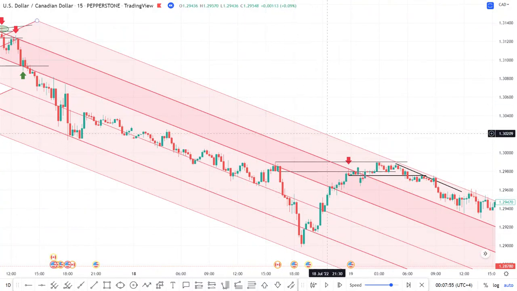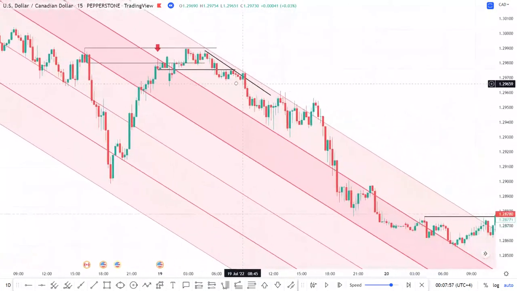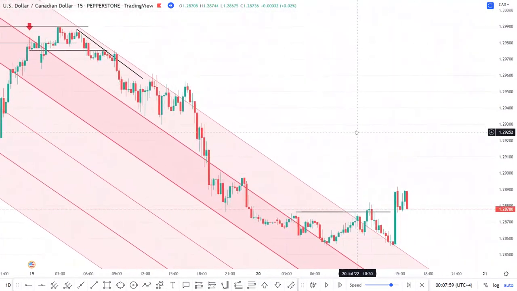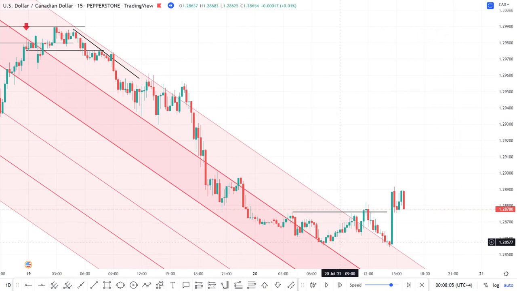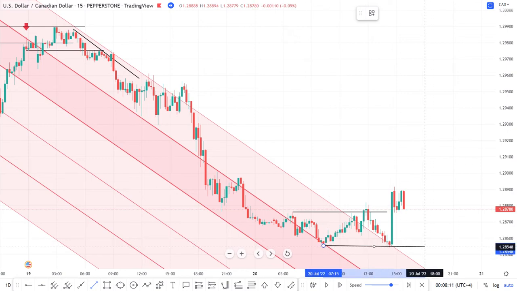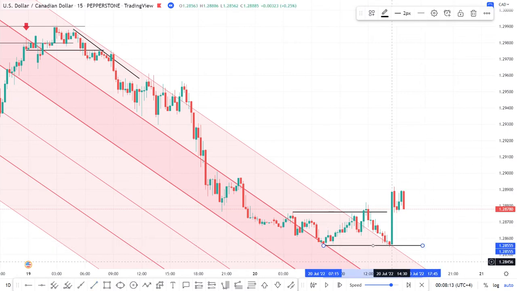the pitchfork boundaries. And this is the first time na meron tayong na-break na minor structure and first time na hindi tayo nag-create ng lower low.